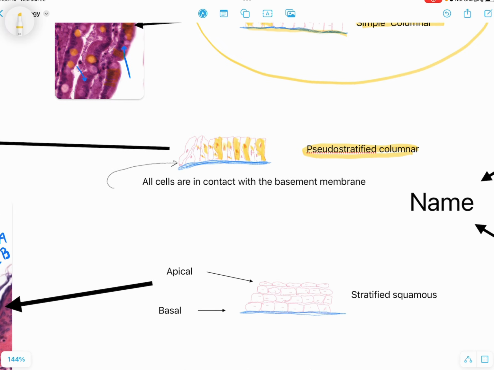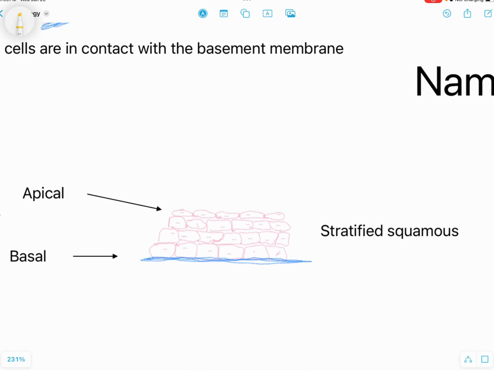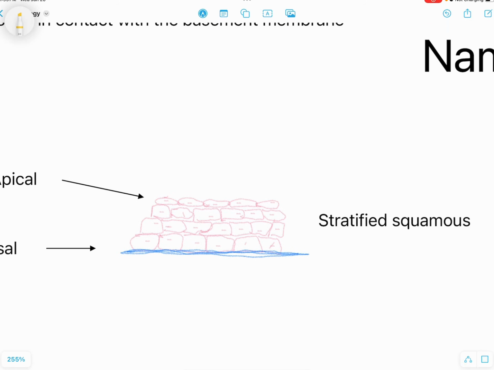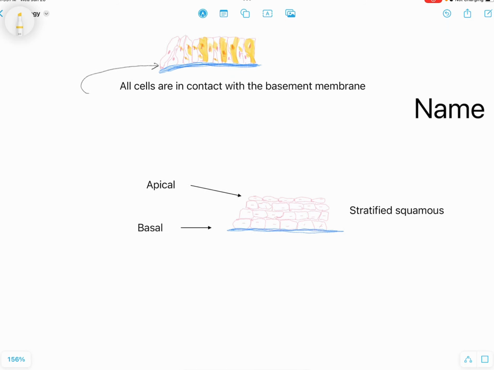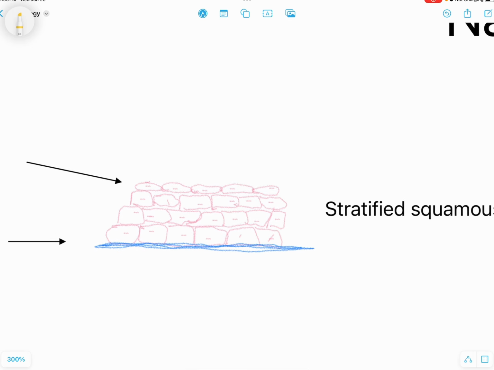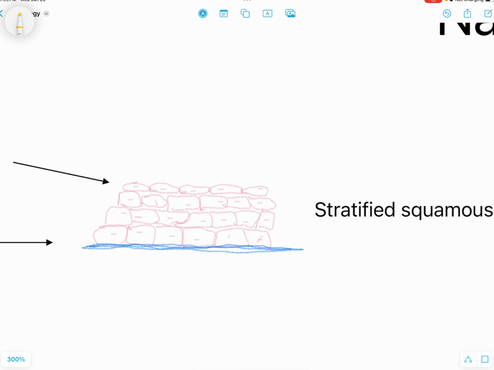All right, now let's go to the real stratified. Here we run into a little issue, because when I look at stratified squamous, I'm looking at a number of cells in different layers. Now, if you look carefully, you notice the cells, I'm going to write A here and B there.